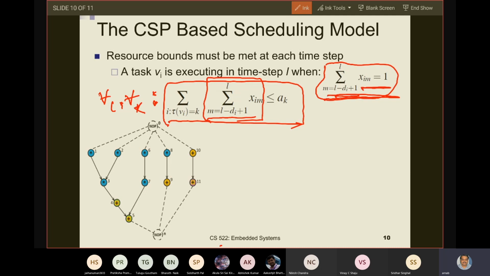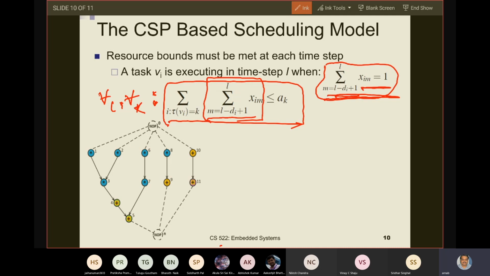What am I trying to check? I am checking whether this task Ti is executing at time step number 10. And I am saying that this task Ti is executing at time step number 10 only if it has started in time step number 8, or time step number 9, or time step number 10.